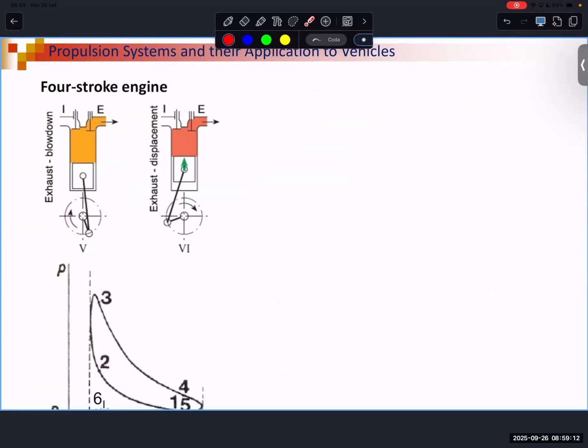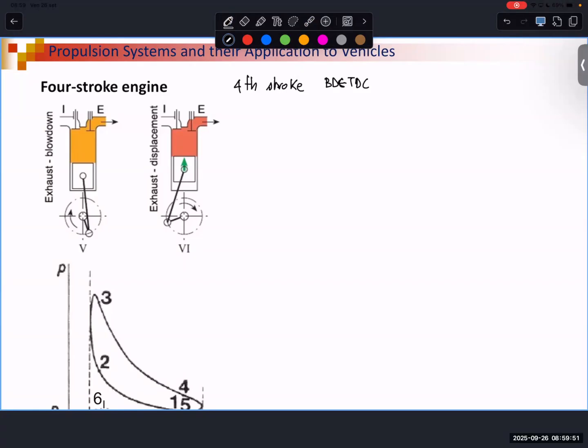Because in some books, they are saying there is an exhaust phase that is going from BDC to TDC. In these lectures, I used to split this exhaust phase in 2 different ones. So last stroke is missing, so we will have the 4th stroke, that is going from BDC to TDC.